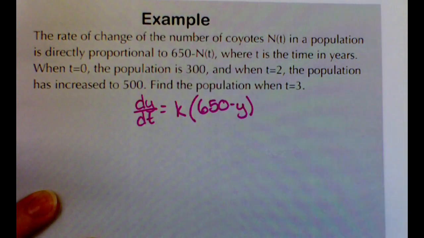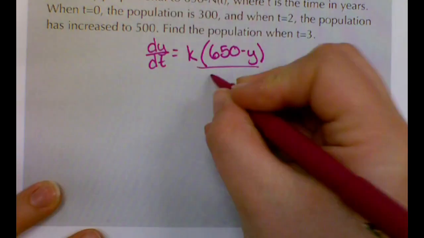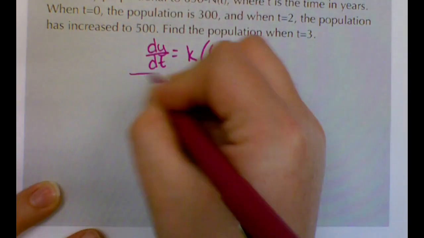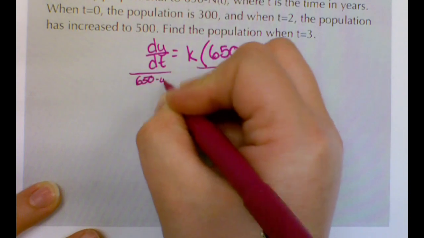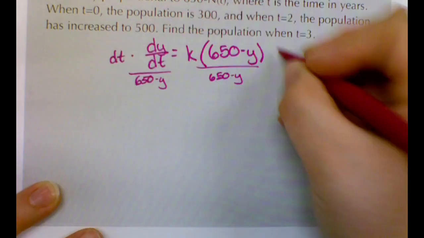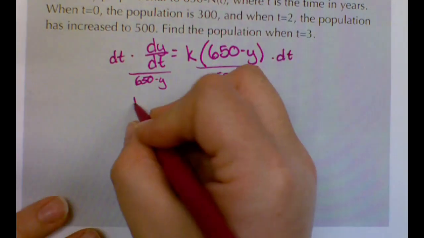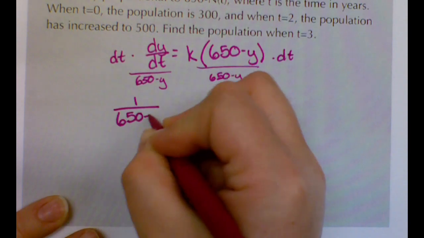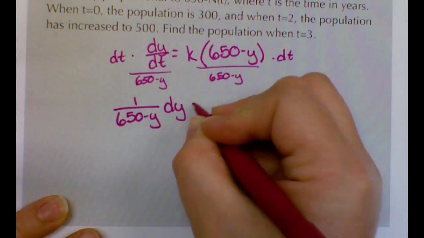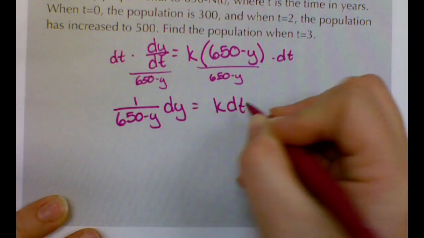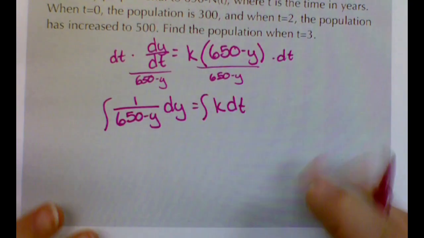And we know how to integrate that. We divide by the 650 minus y and multiply by dt. We have 1 over 650 minus y dy equals k dt. Antiderive.